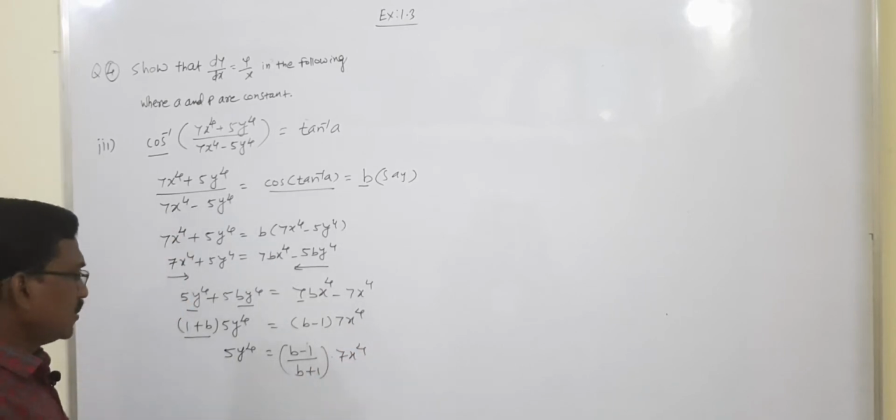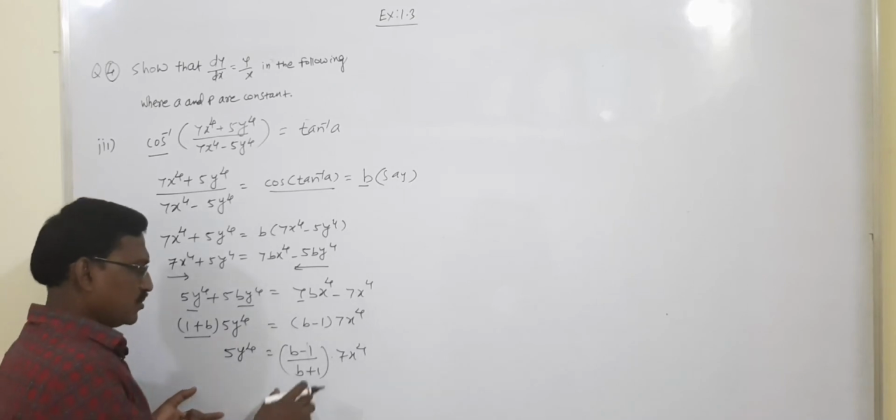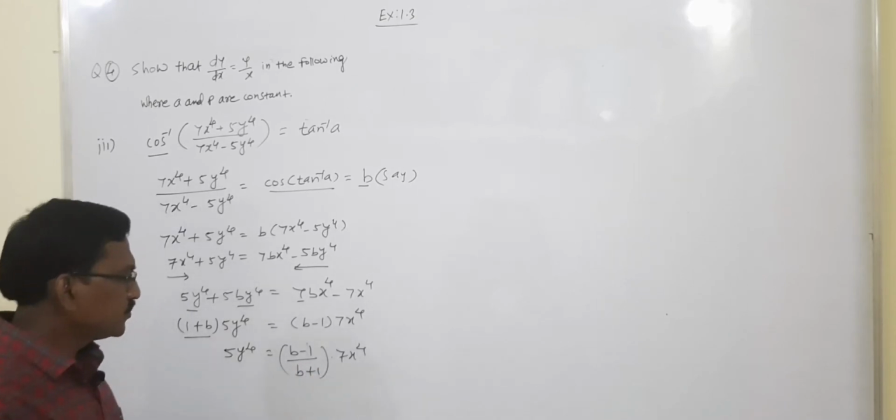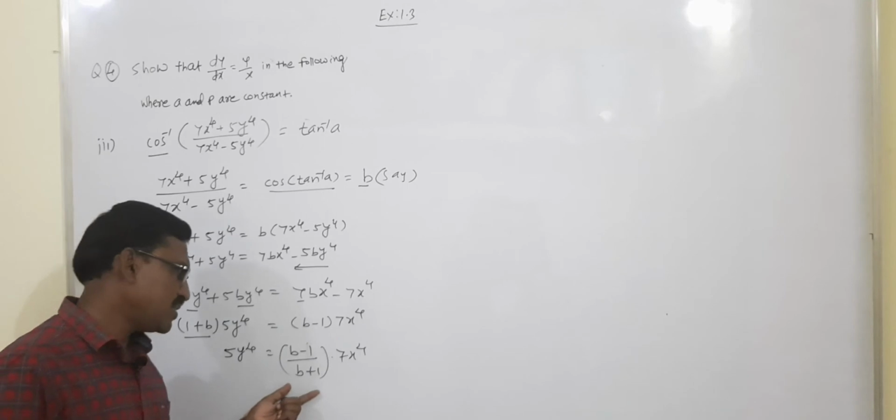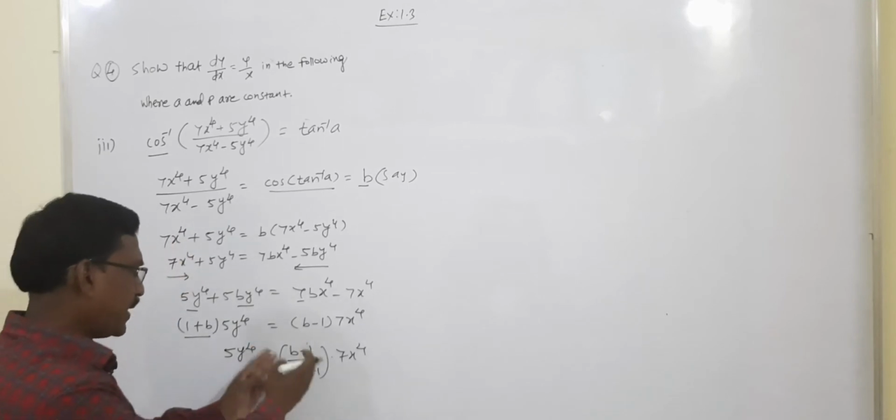Now again we put here, it is a constant, we say here it is c, this total bracket constant.